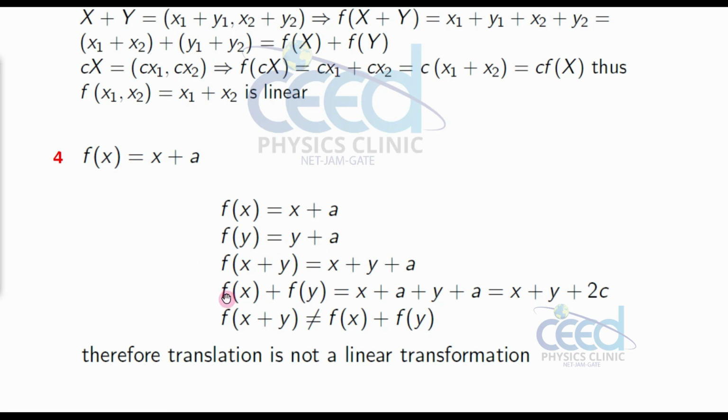Now f of x plus f of y is x plus a plus y plus a, that is x plus y plus 2a. Since it comes as 2a, there is a contradiction. It does not come as f of x plus f of y, so this transformation is not linear.